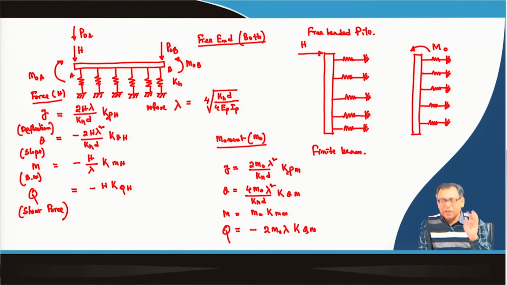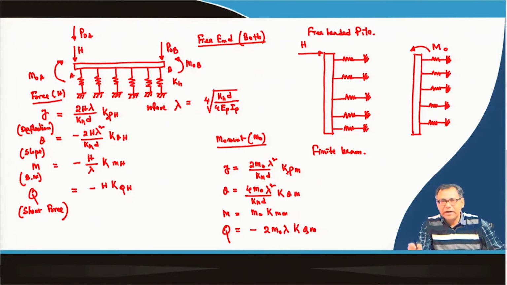So, for example, here we assume that only a horizontal force is acting in the free headed pile. So, we will get the equations or the solutions for that. For fixed head also there will be a horizontal force acting. Due to that horizontal force there will be a slope, and because of the fixity there will be a moment.